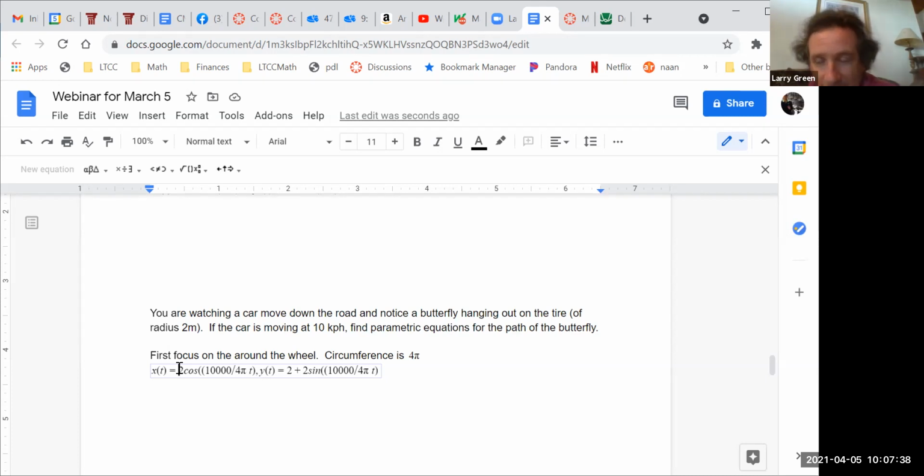So after 1 hour, it'll have moved 10 kilometers, which is 10,000 meters. So what we get is 10,000 t plus 2 cosine of etc. And there's our equations. Any questions on this idea?